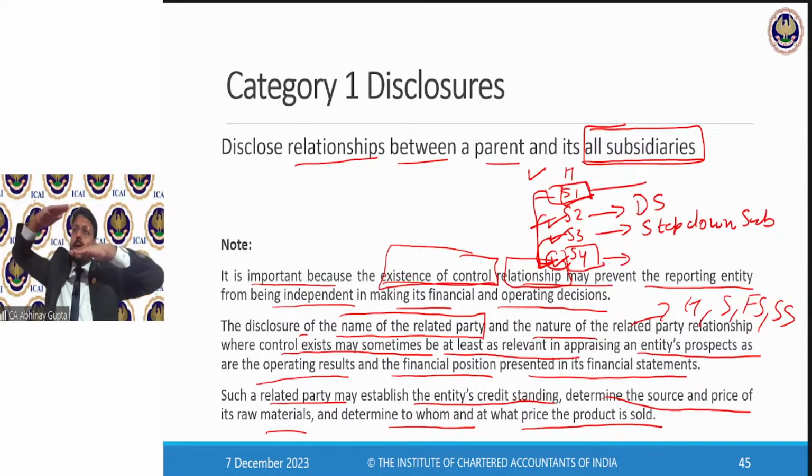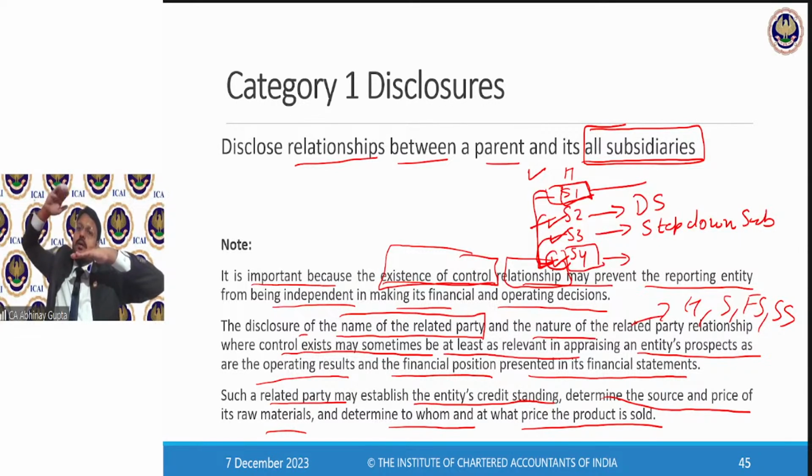So my parent, if it is preparing CFS, I don't need to disclose all the intermediary parents. So my parent and the ultimate parent, only two will be required. If my parent is not preparing CFS, then the next most senior, if preparing CFS, that needs to be disclosed, or I will go up the ladder till I find which intermediary parent is preparing.